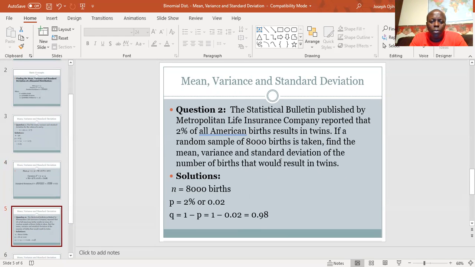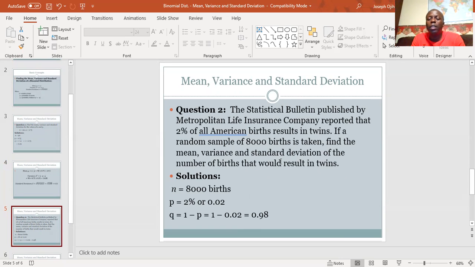If a random sample of 8,000 pets is taken, find the mean, variance, and standard deviation of the number of pets that will result in twins. So how do we do this?